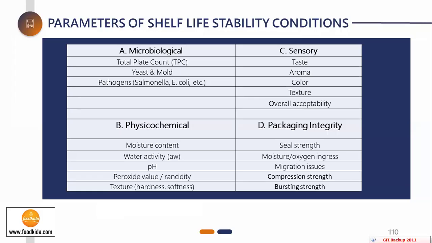Then migration issues. Everybody knows for laminates, you get a migration certificate from the supplier. Which migration? The ink migration into the product, especially for laminates where the primary packaging is in direct contact with the product. So in order to ensure that ink doesn't migrate into the product, you should get a migration certificate from the supplier, which is also asked during your ISO audit or FSSC audit, isn't it?